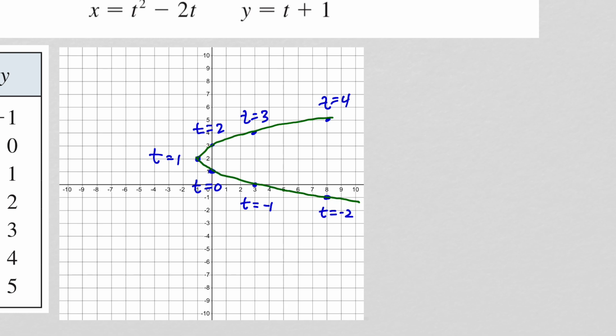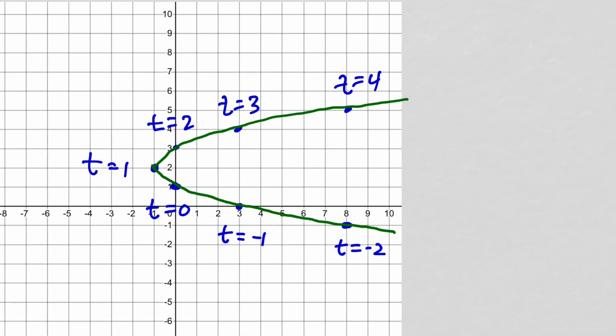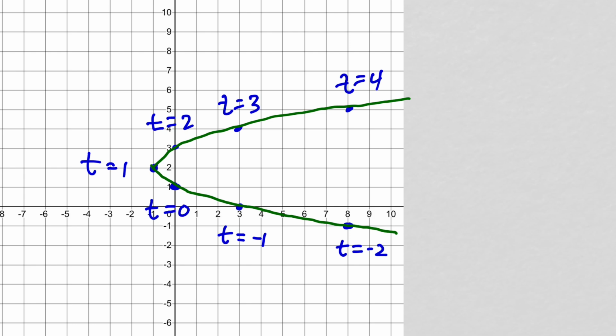And this curve does appear to be a parabola. And one thing about parametric equations that is quite different from other graphs is that there is a definitive orientation to this curve. In other words, as t increases, the curve moves in this direction. And this is referred to as the orientation of the curve.